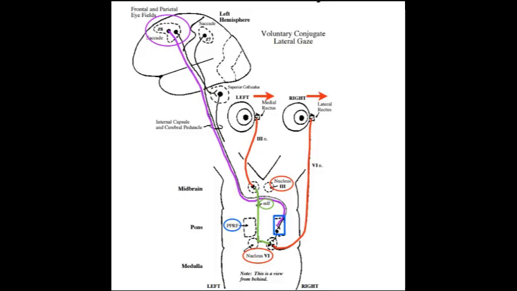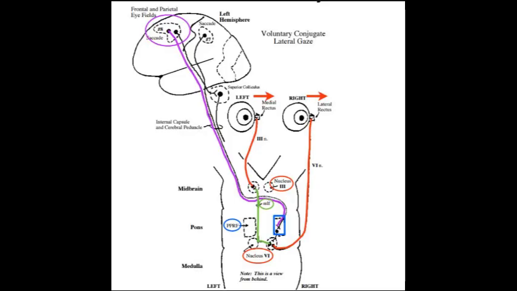Now, if you decide to move your eye to the right, your prefrontal eye field, which is on the contralateral side, so the left frontal eye field, sends information to the PPRF, the pontine paramedian reticular formation.